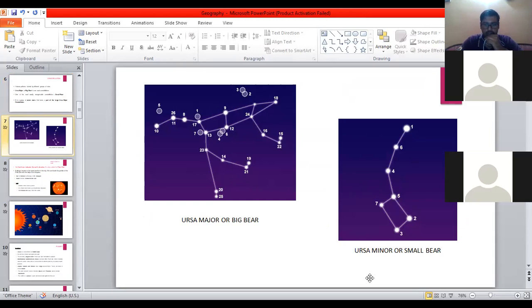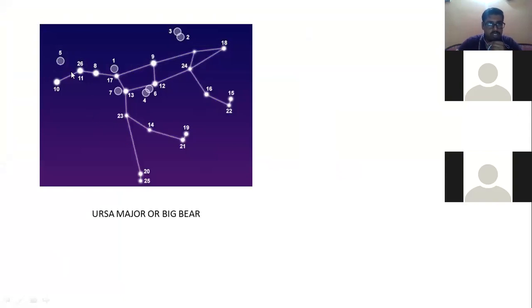As I have told you earlier, in Ursa Major you have the 7 stars which are the basic ones. It's a pattern basically. If you look at this, 1, 2, 3, these stars are joined in a line in this pattern.